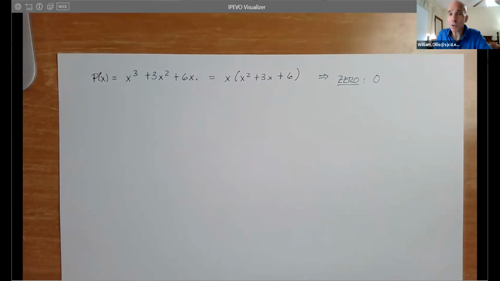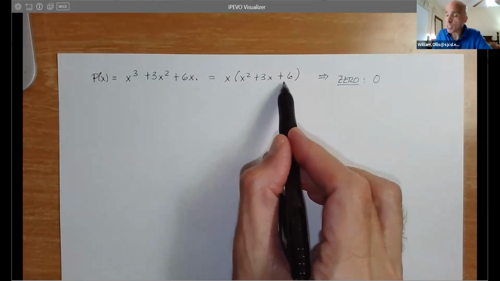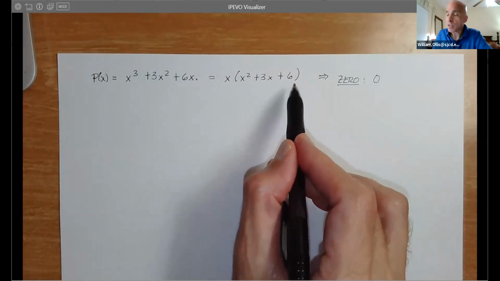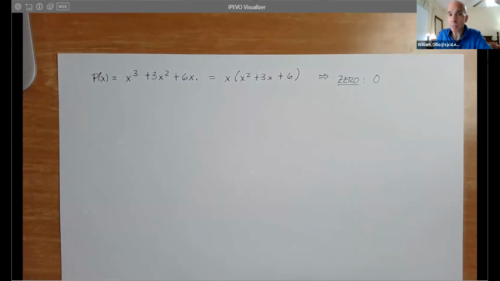It could be true, but is there an easier way to do it? Would it be just factoring it? Factoring it, yeah.